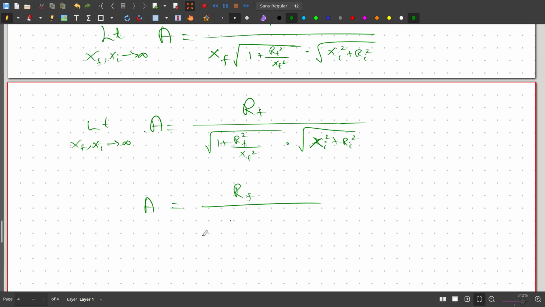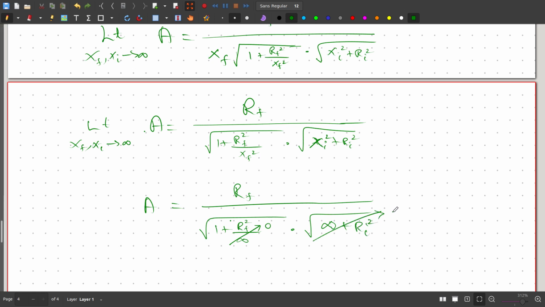If we substitute the limit, 1 plus RF square divided by infinity will be 0, and we have root of infinity plus Ri square, right?